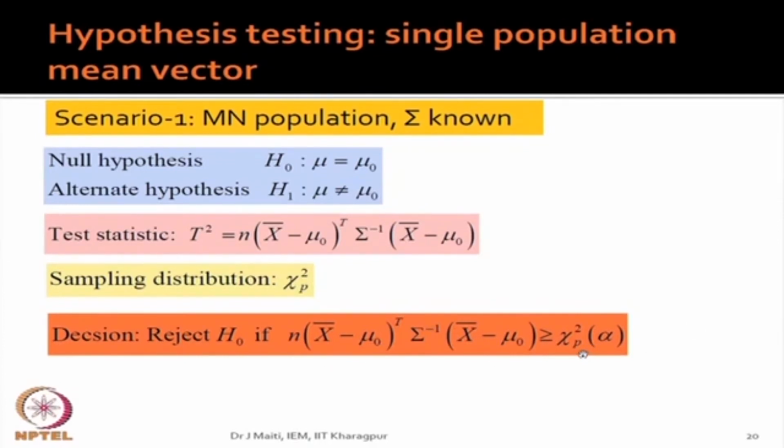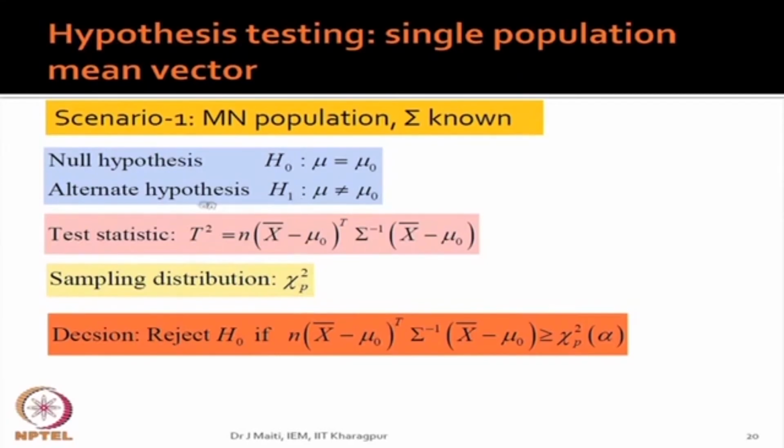One of the issues here you must remember is that whenever we are talking about the sampling distribution of a statistic like this T square, we are saying that when the null hypothesis is true, this statistic follows this sampling distribution. Please never forget this one. Okay.